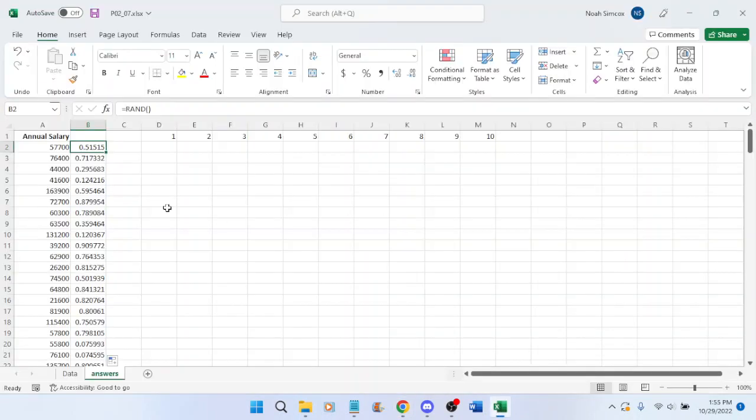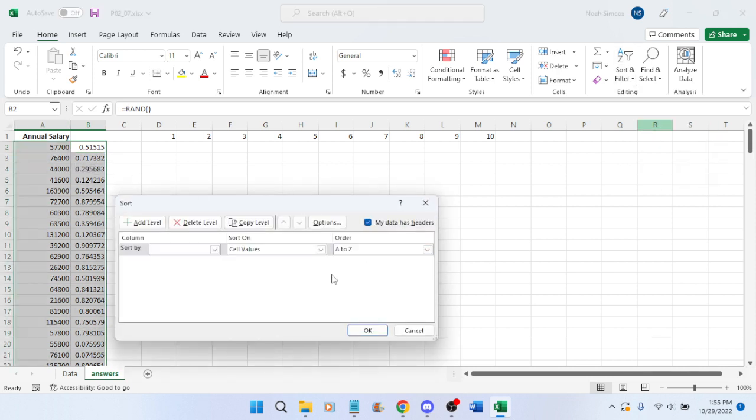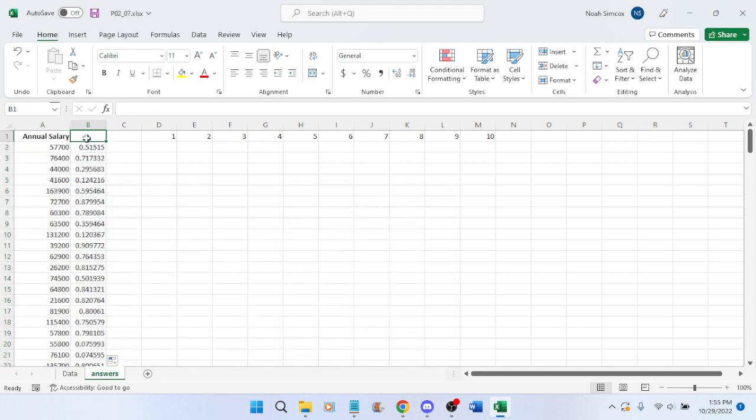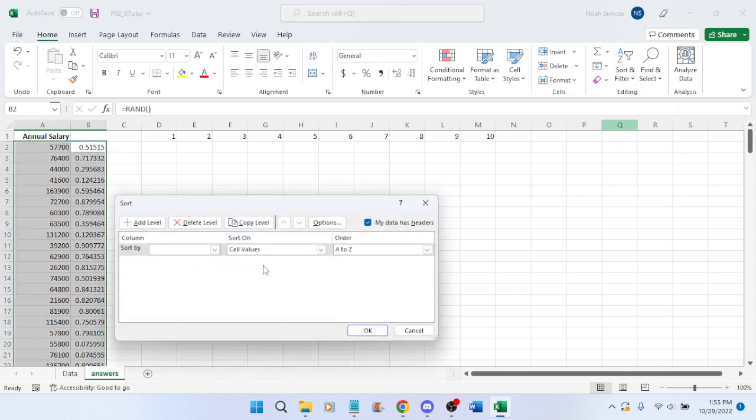We've generated size 20. So what we want, first of all, every time we're going to sort that by column B, smallest to largest.